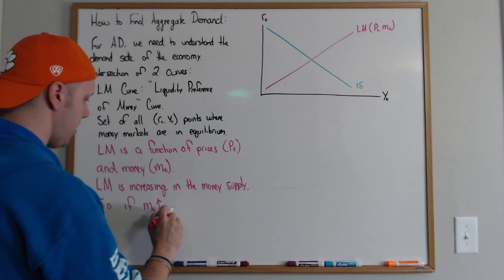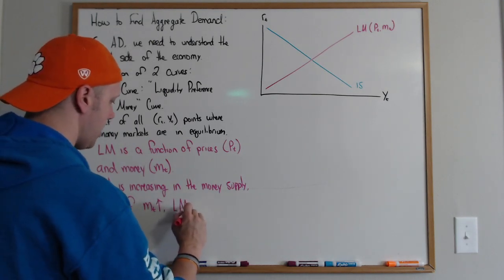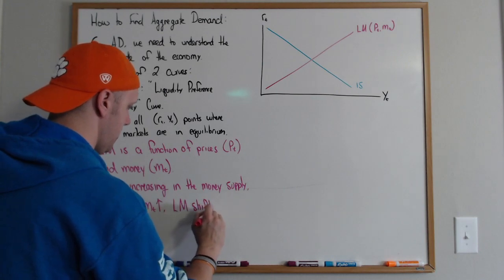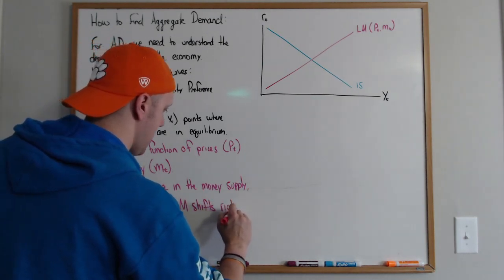Therefore, if the money supply were to increase, the LM curve shifts to the right.